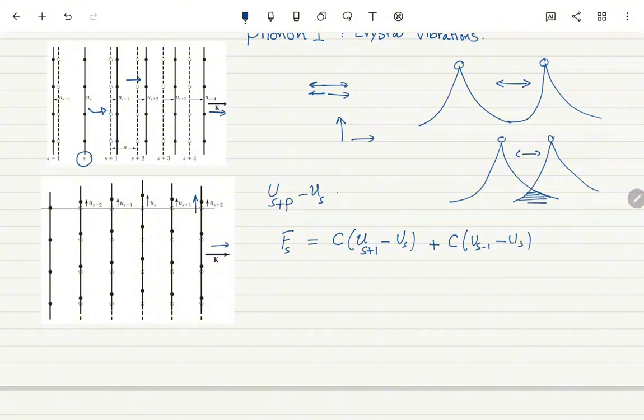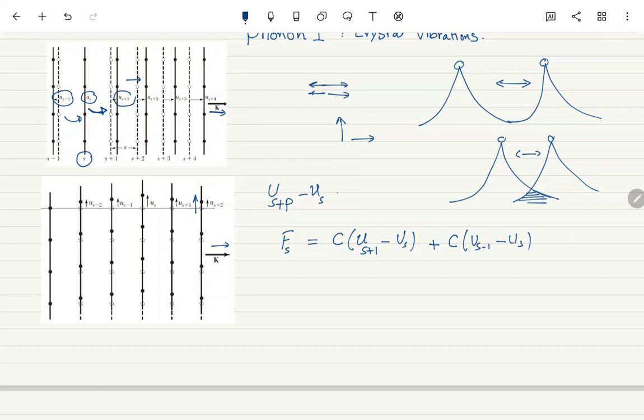The next plane is u_{s+1} minus u_s, and the previous one is u_{s-1} minus u_s. We're looking here for the displacement; this one is the displacement, and C is the force constant.